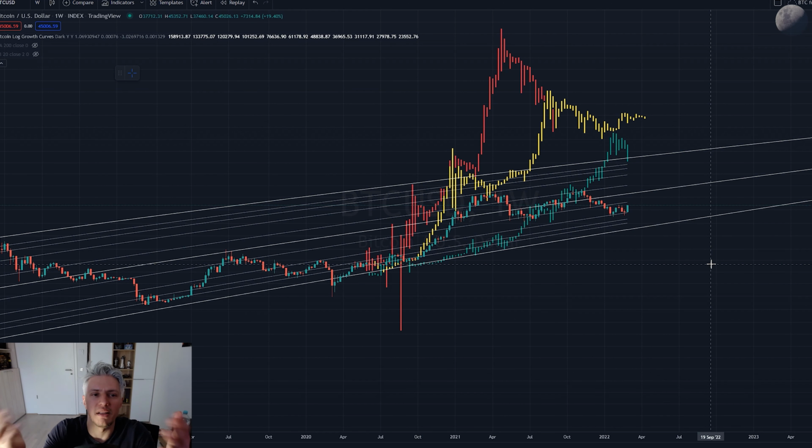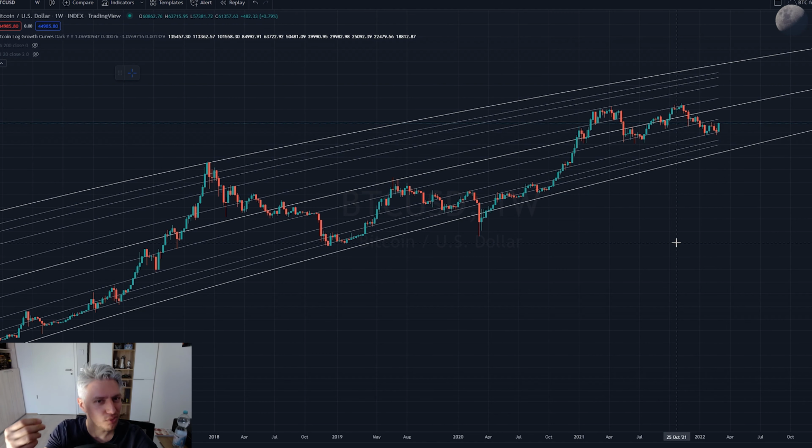Since this is not an exact science, there's always an error bound, so December or January plus minus a few months. It could be October or November, but also February or March 2023. So there's a bandwidth where you can say with quite high probability Bitcoin's top will lie within this interval.